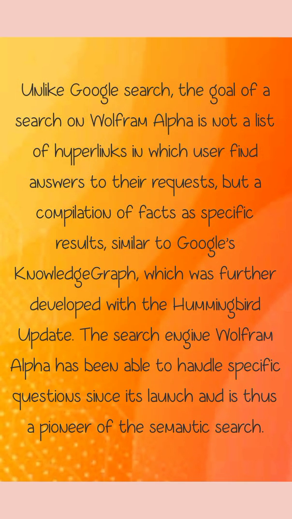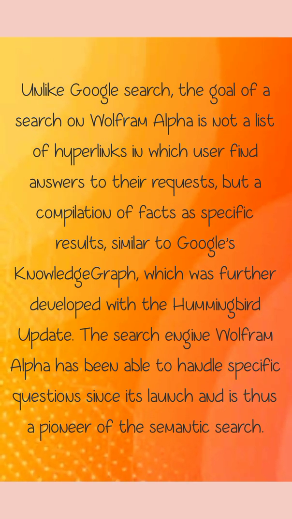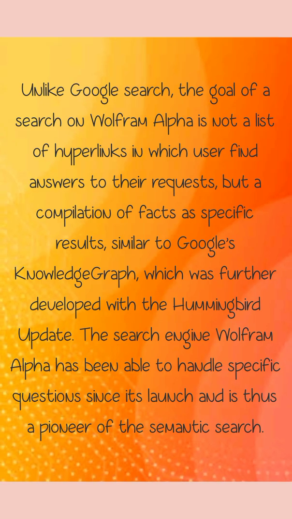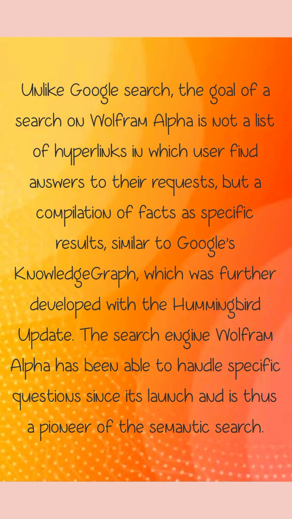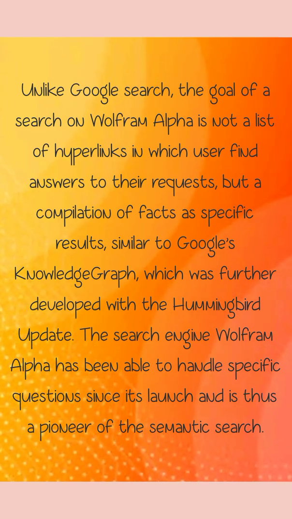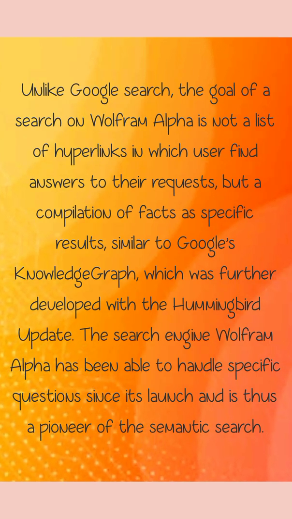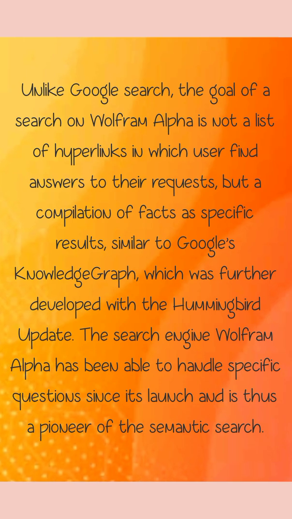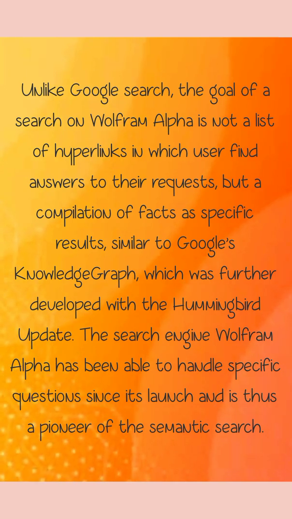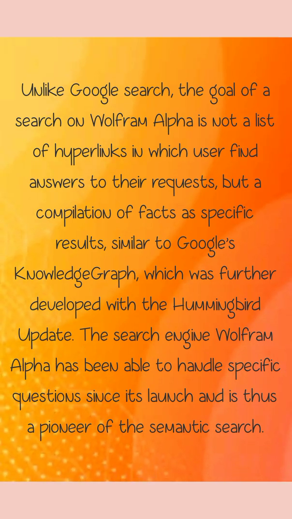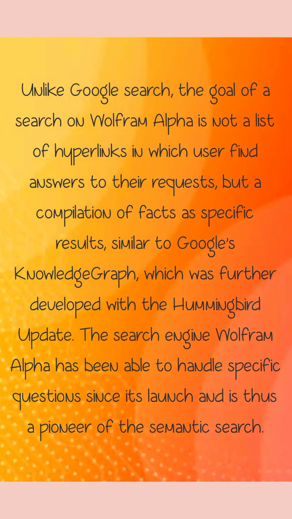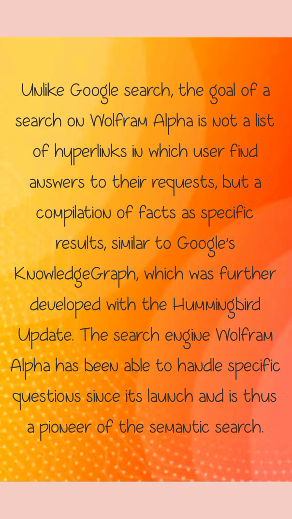Unlike Google search, the goal of a search on Wolfram Alpha is not a list of hyperlinks in which users find answers to their request, but a compilation of facts as specific results, similar to Google's knowledge graph, which was further developed with the Hummingbird update. The search engine Wolfram Alpha has been able to handle specific questions since its launch and is thus a pioneer of the semantic search.